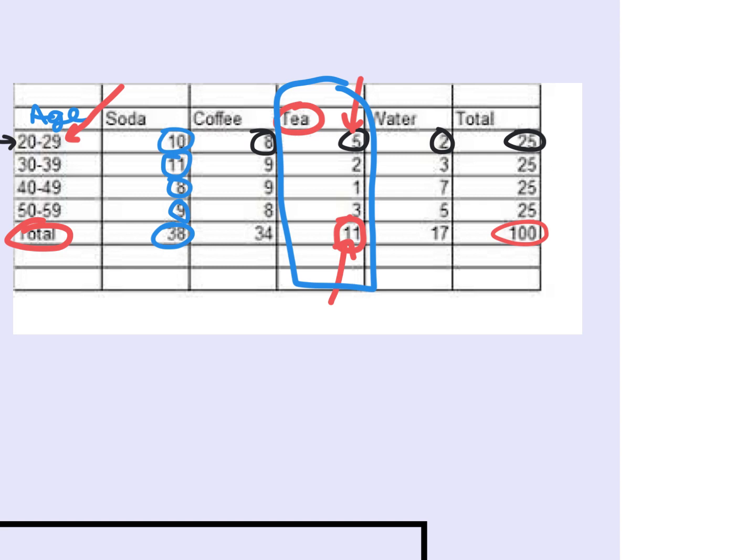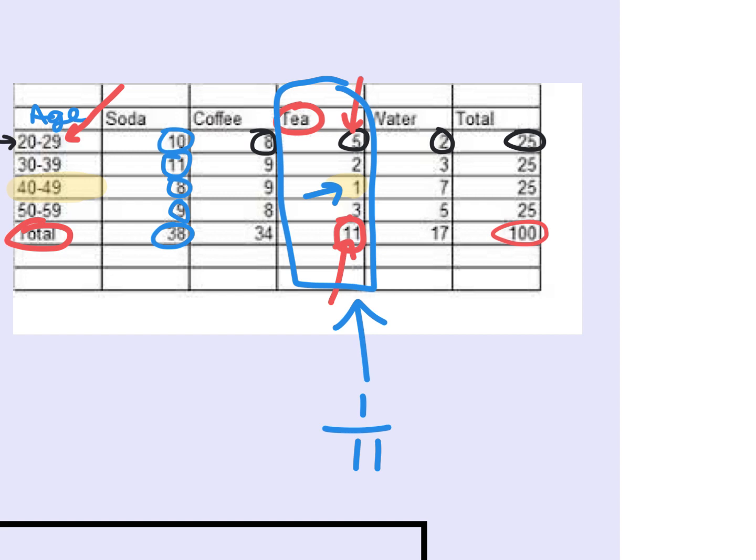All right, well, you follow this over here and say, these are the people that are in their 40s, and there's one person in their 40s who likes tea. Well, if we were only talking to tea lovers, there was 11 possible, and there's only one person in their 40s who likes tea right there. So that would be a 1 out of 11 probability.